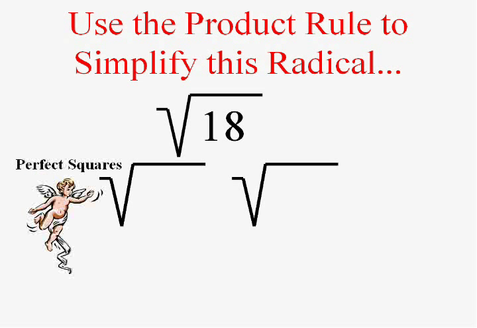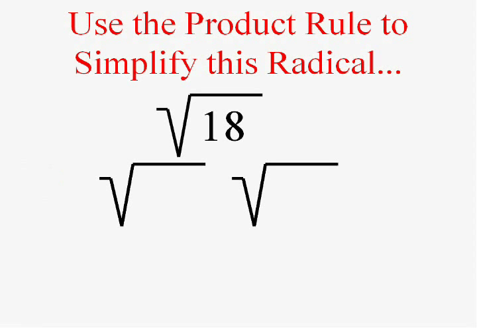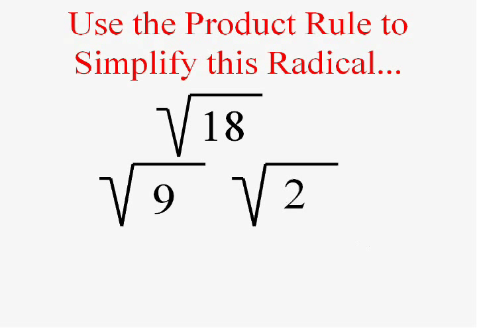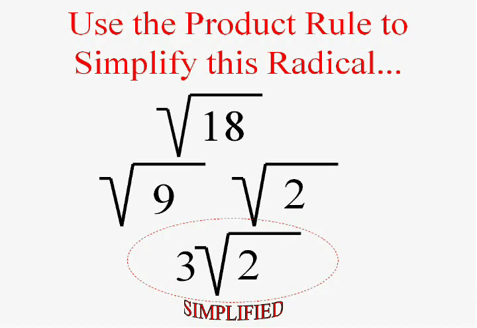Now, the largest perfect square that goes into 18 is 9. That leaves a leftover of 2. The reason we took 9 out is that it's a perfect square, and the square root of 9 is 3. And the reason 2 is garbage is because there's nothing you can do with it. So the square root of 18, simplified, is 3 square root of 2.